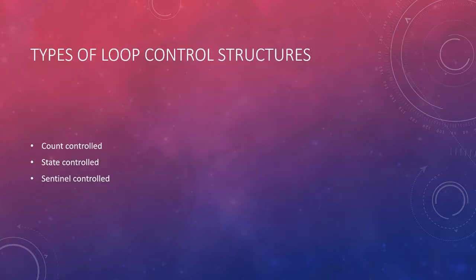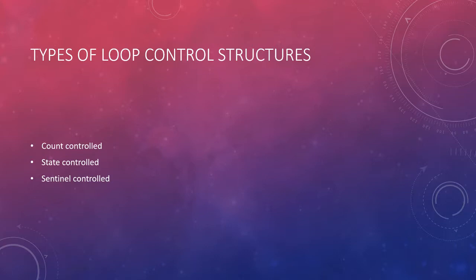Besides the controlling aspect of our loop, we have different kinds of loops to meet different purposes. So a lot of our loops will be count or counter controlled, where we have a certain number of times that we would like to do something. Then often we'll have state-controlled loops that would use Boolean variables to indicate a true or false state, like stop or go.